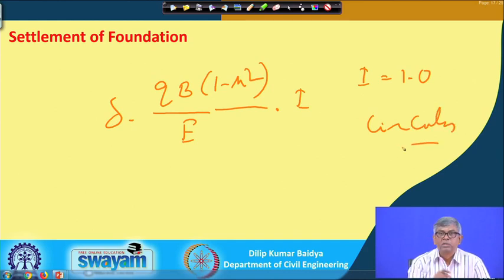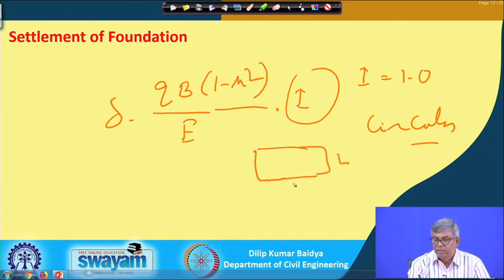So, instead of remembering different I values, what I can do sometimes, if the footing is rectangular or something else, suppose a rectangular footing with sides L and B, and L by B equal to suppose 5. So, this footing actually can be converted to an equivalent footing.